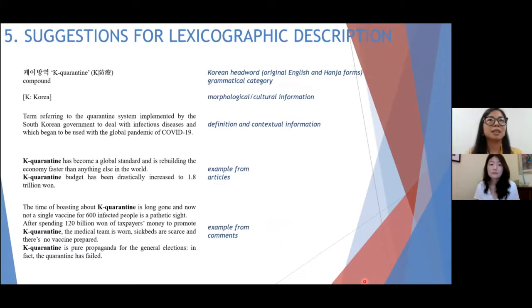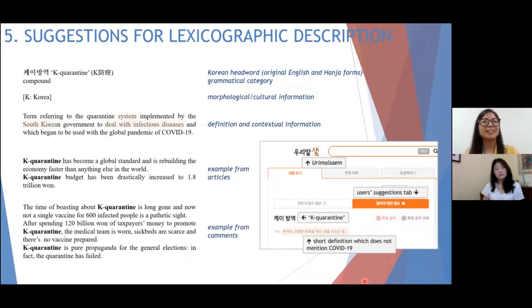So now to come back to K-quarantine, actually, there is a dictionary entry for K-quarantine that has been proposed by a user on the online dictionary Urimalsaem, which is one of the main Korean language dictionaries. And this headword candidate is still under revision by language experts right now.